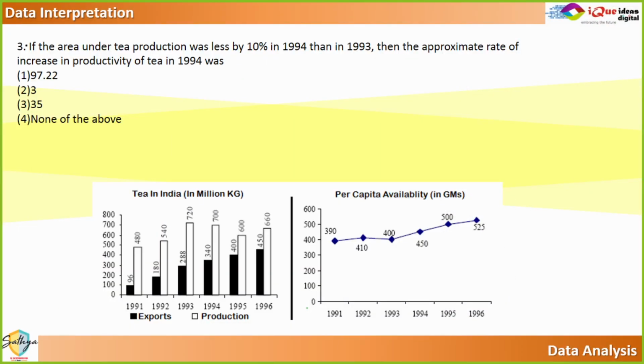If the area under tea production was less by 10% in 94 than in 93, then the approximate rate of increase in productivity in 94 was how much?